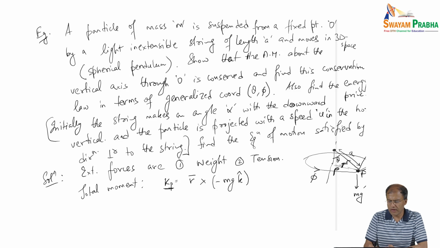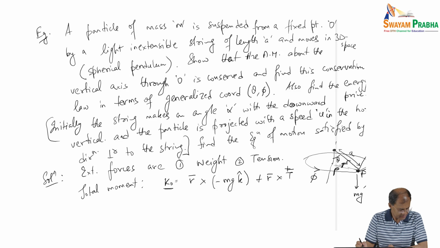Well, K0 is about the natural axis of rotation which is passing through the center, along the sphere diameter. So then K0 is r cross mgk, which is due to weight, plus the one due to tension, r cross T.